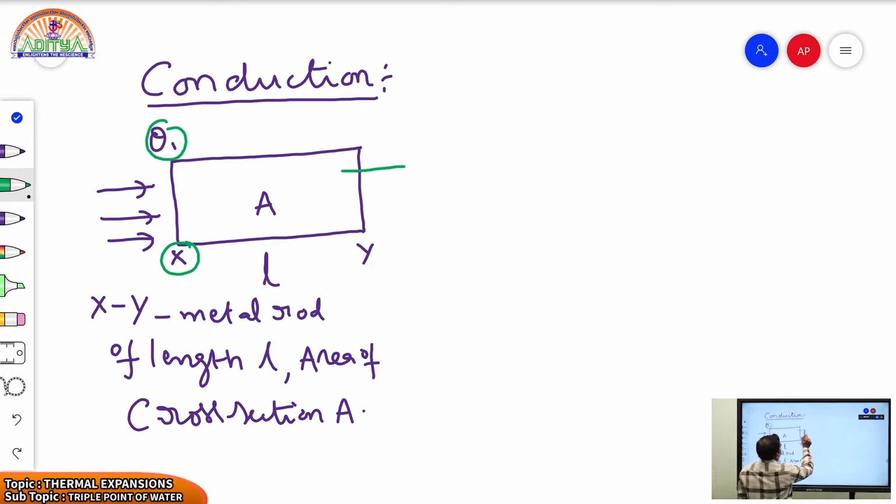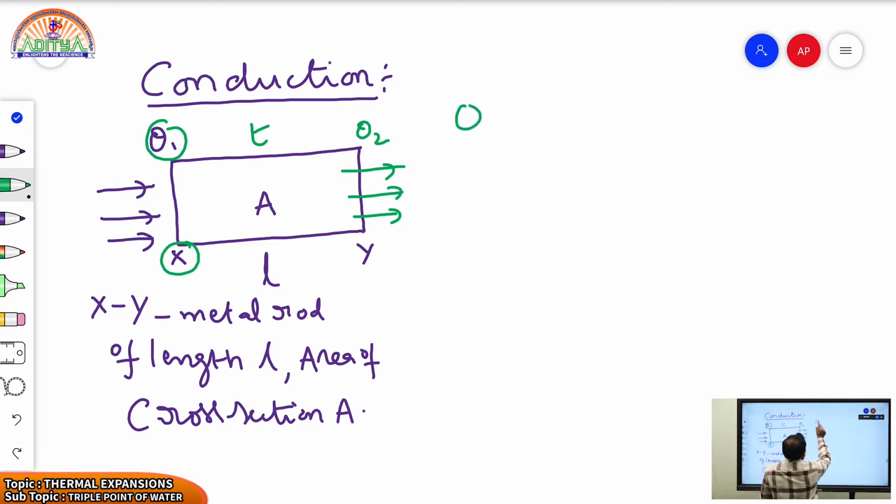That heat leaves through the face Y, whereas the temperature is theta2. It takes T seconds to travel from the first end to the second end.